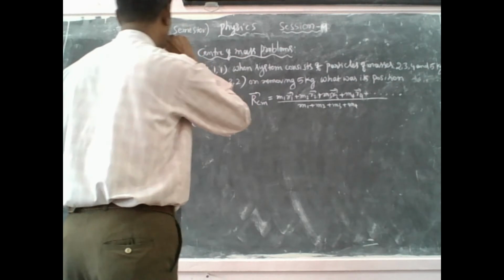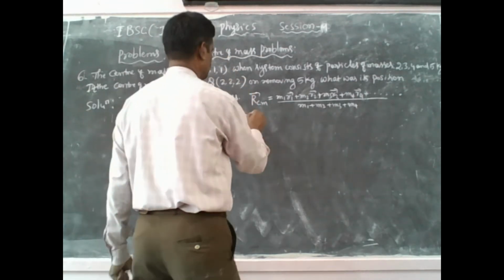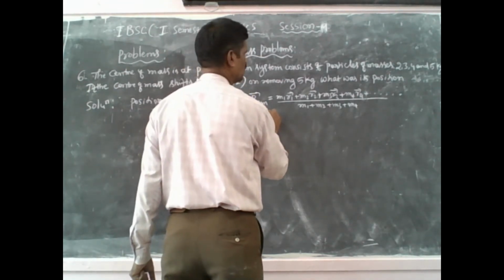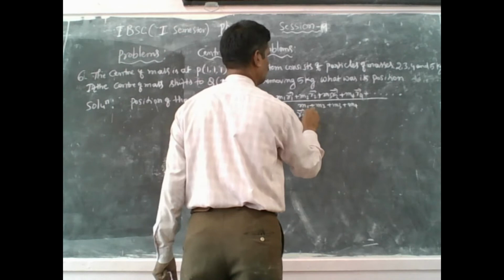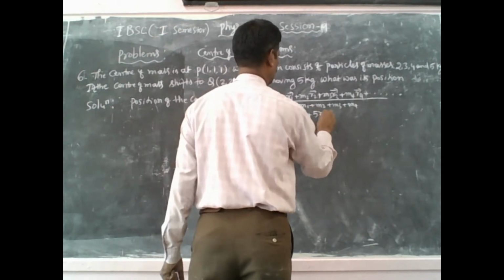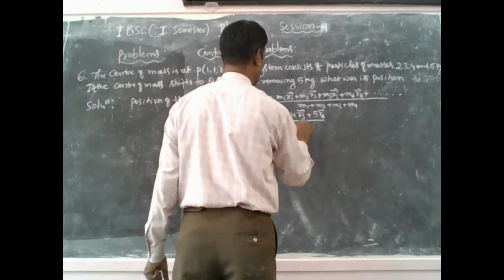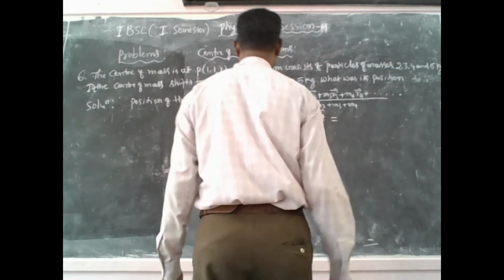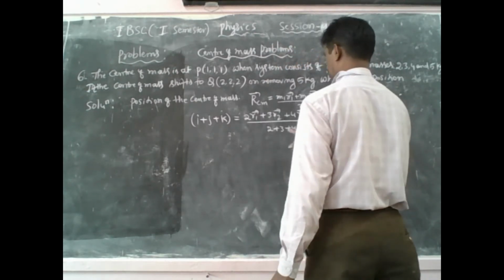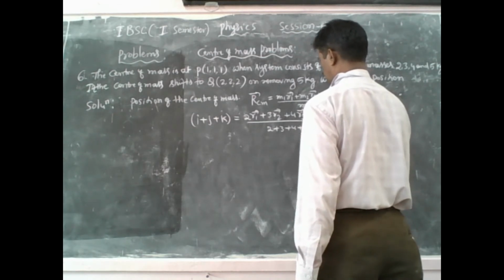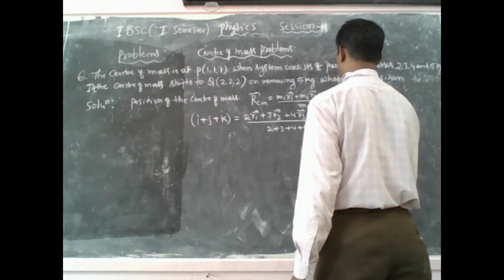equals 2R1 plus 3R2 plus 4R3 plus 5R4, divided by 2 plus 3 plus 4 plus 5. 2 plus 3 is 5, and 5 plus 4 is 9, and 9 plus 5 equals 14.